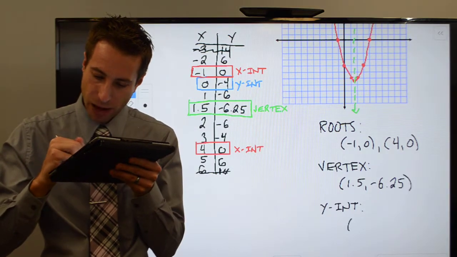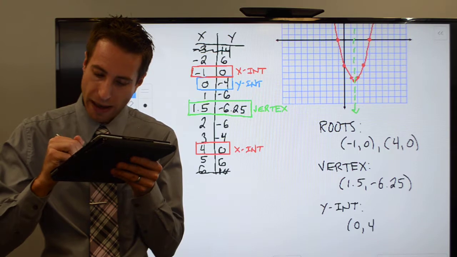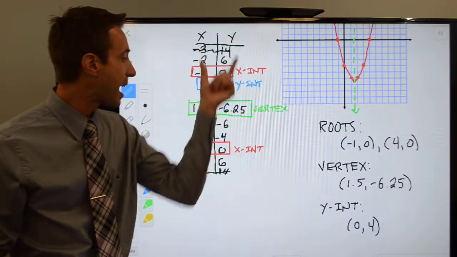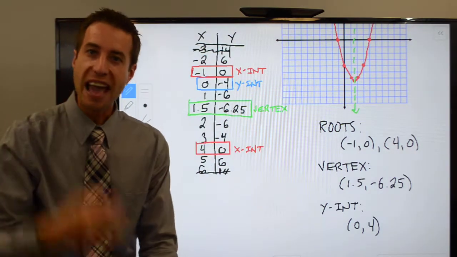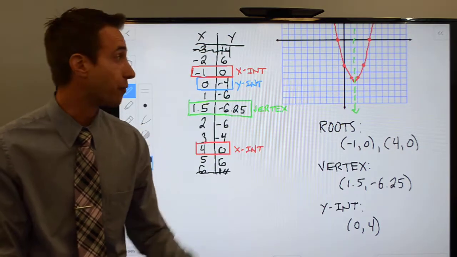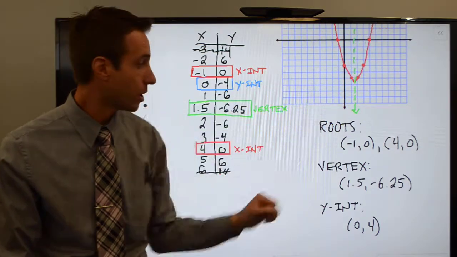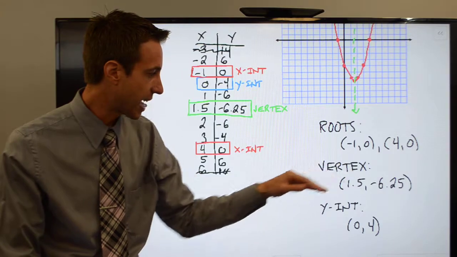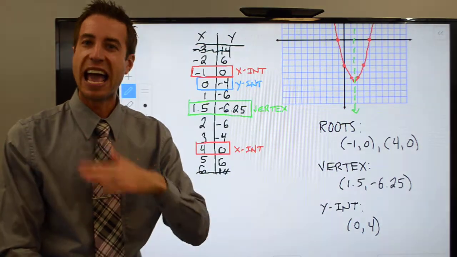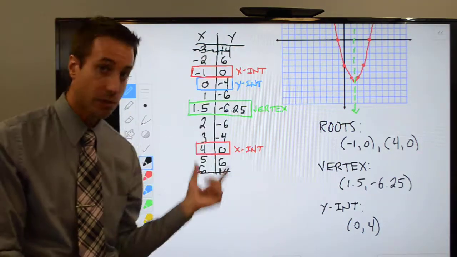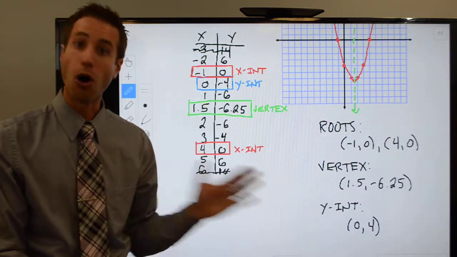Once you have filled in that XY table, everything I will ask you for, the graph, the roots, the vertex, the y-intercept, everything comes from this table, all of it, right?